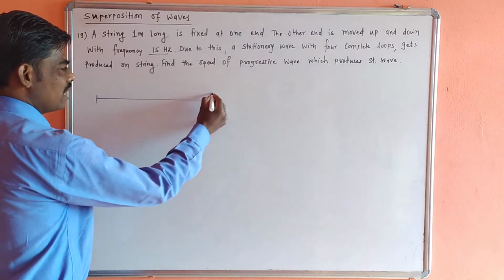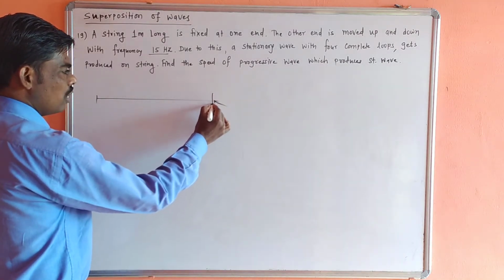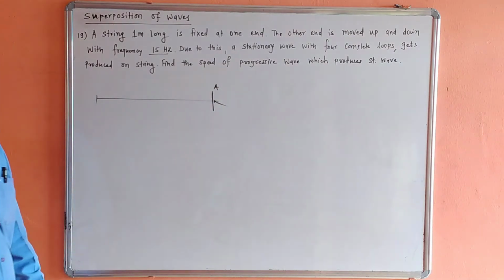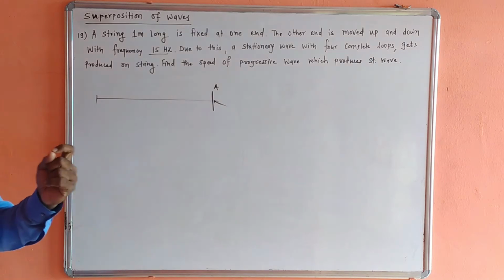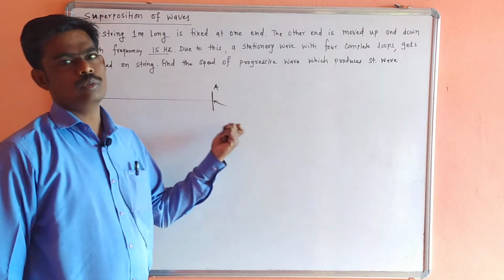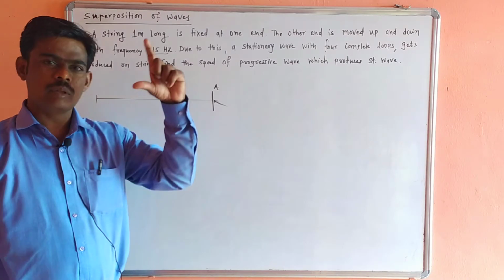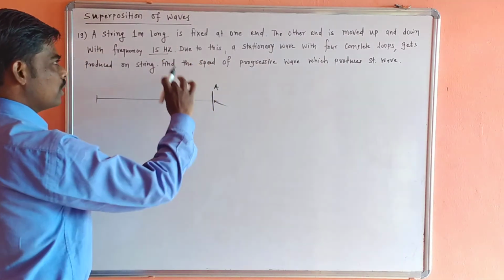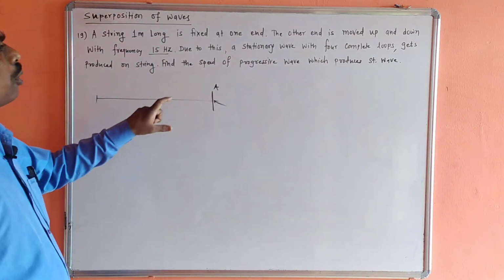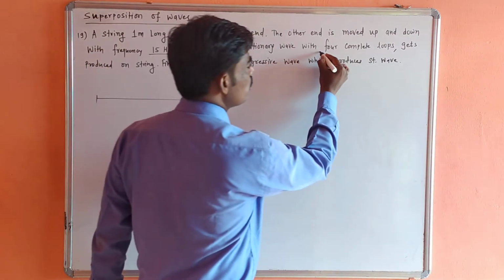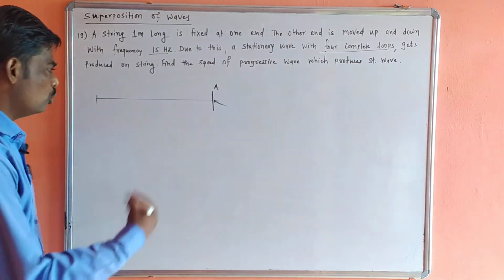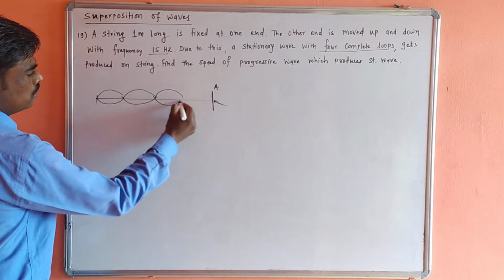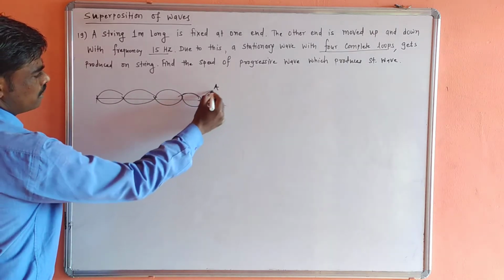So we must understand that when it is moved up and down, an antinode is formed at this free end, because antinode is a point on a stationary wave which shows maximum amplitude. So this is the antinode, and further it is given in the problem that 4 complete loops are formed. 1, 2, 3, 4, and this one is the antinode.